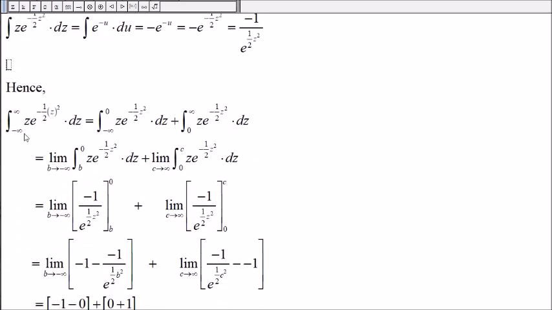And therefore, for the original integral, the lower limit of integration is negative infinity and the upper limit of integration is positive infinity. And so we can rewrite this as the integral from negative infinity to 0 plus the integral from 0 to infinity.